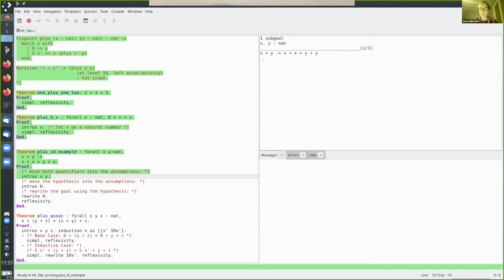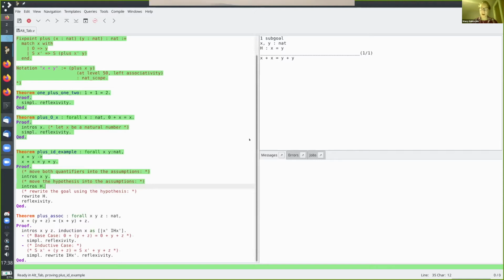So we can take the statement on the left-hand side of the arrow and move the whole statement into our assumptions. So let's do that as well. The next thing I'm going to call is intros H. Now we have a hypothesis, x equals y.